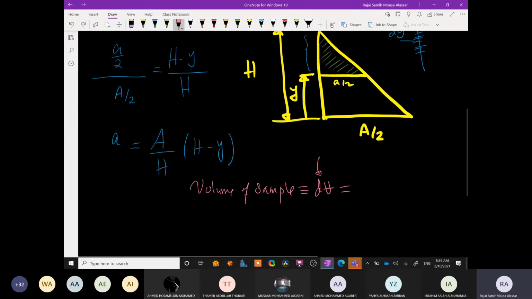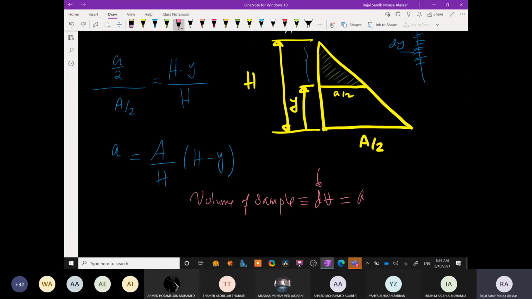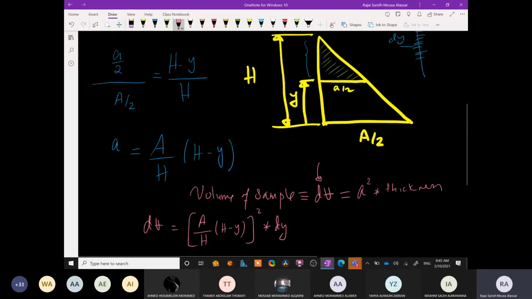It is equal, as we said, to a squared multiplied by the thickness, dy. So dV is equal to a squared, which is now (a over h times (h minus y)) everything squared, multiplied by dy.